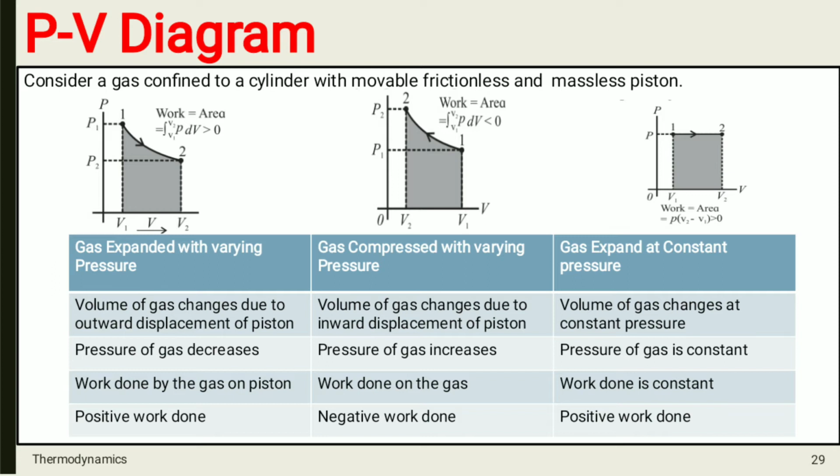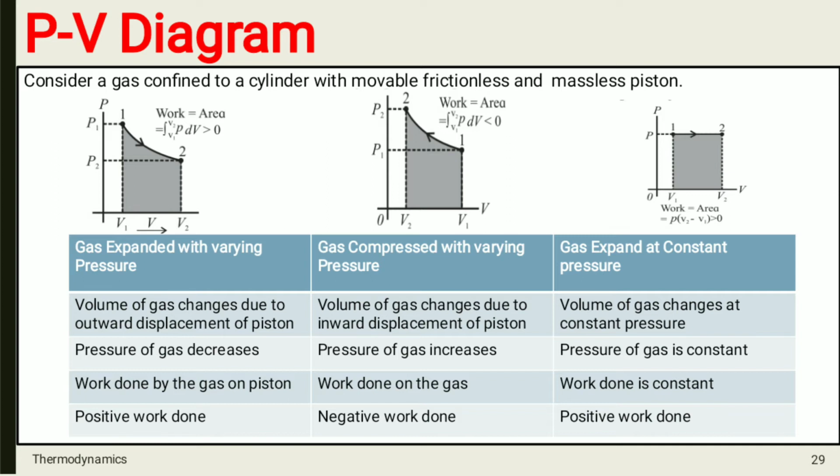Now here there will be inward displacement of the piston, means we have pushed the piston inside the cylinder. So work is done on the gas, and due to that this work done is negative.